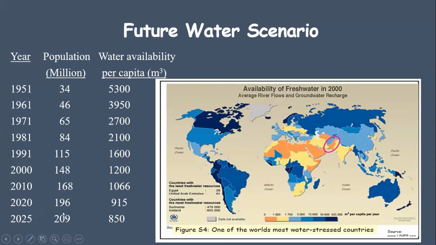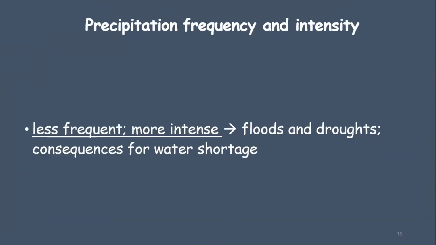As the population increases more and more, the water availability will decrease. So ultimately we have to figure out new ways to manage our water resources, and in this scenario, remote sensing obviously helps us a lot. I will be giving you examples in my next slides.